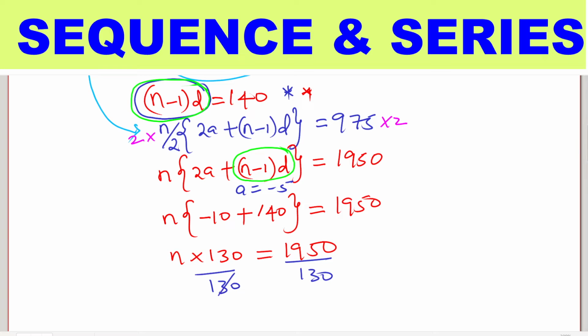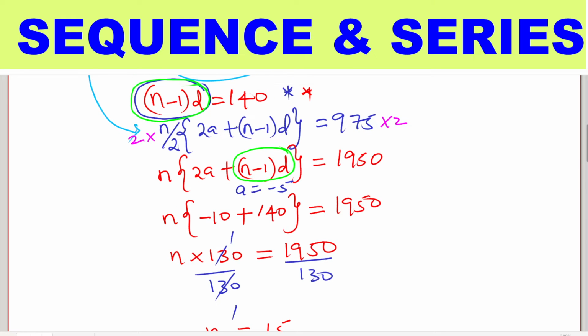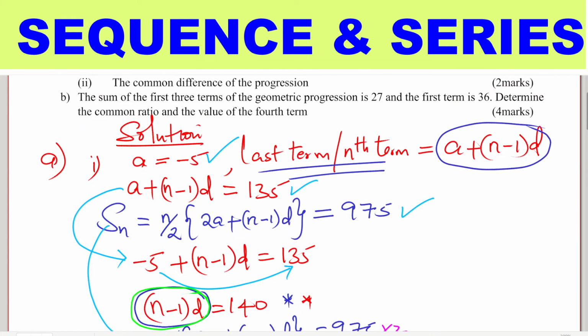And we shall have n as 1950 divided by 130. This will give 15. And the number of terms are therefore 15. So that is the first part.